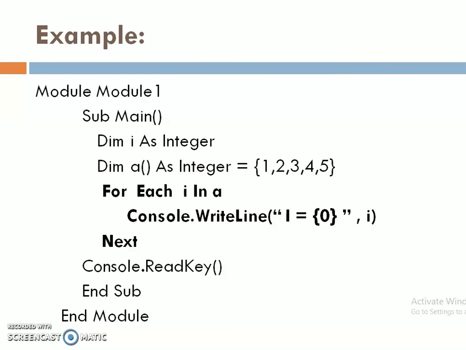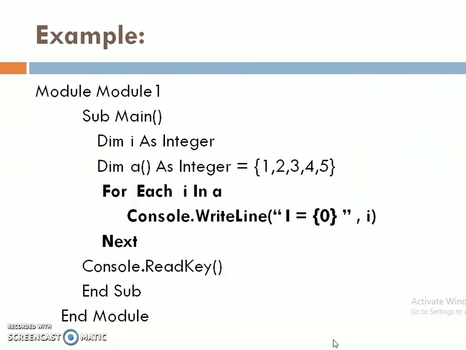So then we write for each next loop, then apply syntax for each, then give elements name means I variable, then we write in word and give the value of array variable, so we write A variable, and body of the statement we write WriteLine function to display 1 to 5 number, and closing this loop we write next word. Now perform this program in console application.